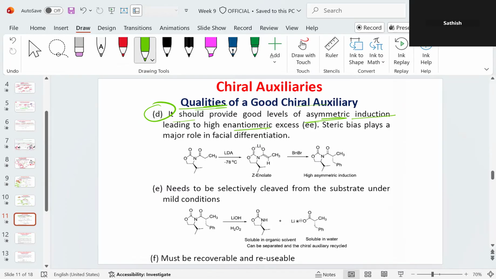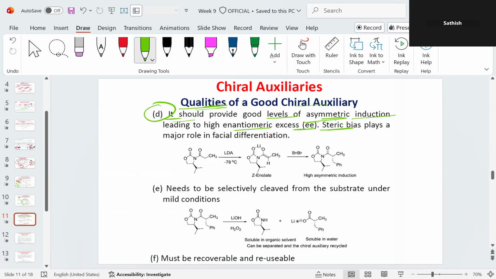We will see what enantiomeric excess is. Earlier also we have seen how enantiomeric excess has been calculated in some examples in the reaction. So the fourth parameter is that it should provide a good level of asymmetric induction.